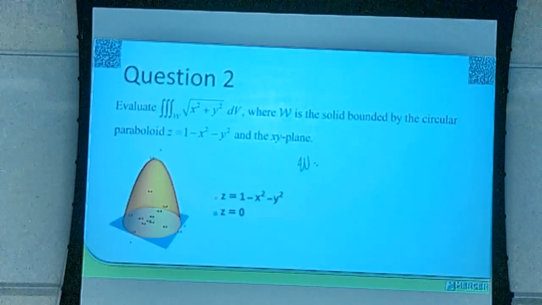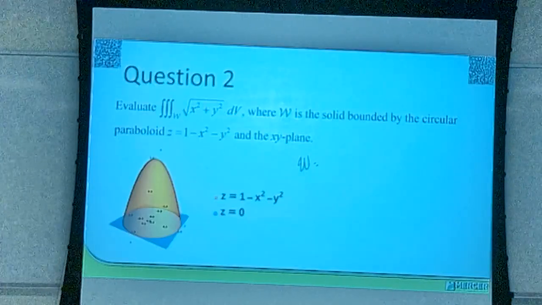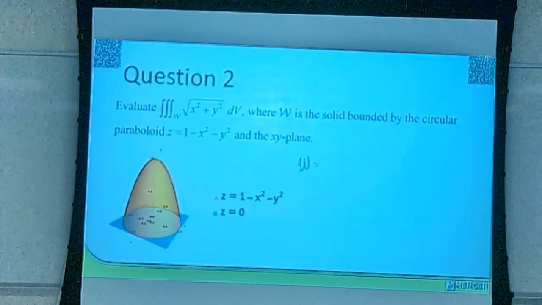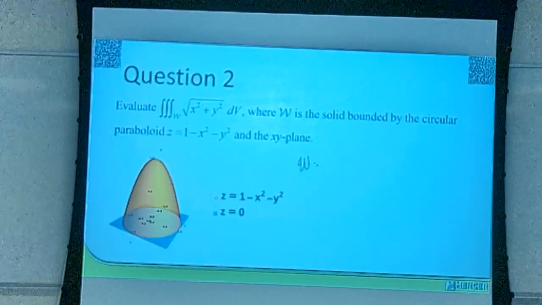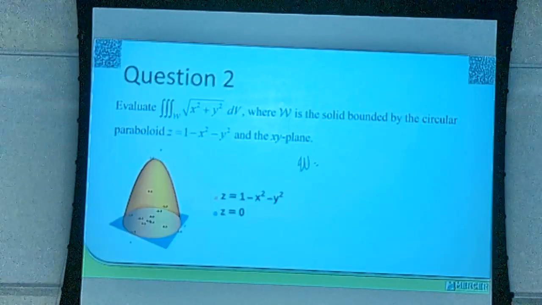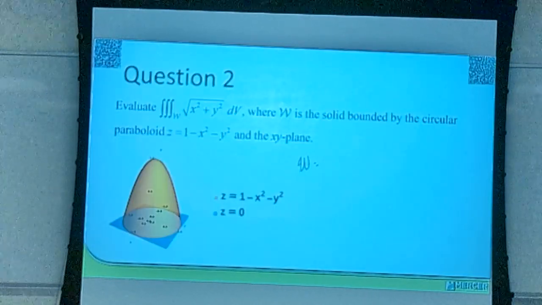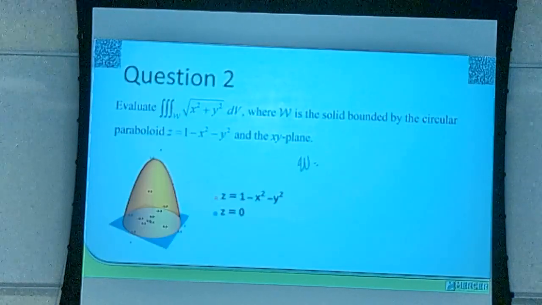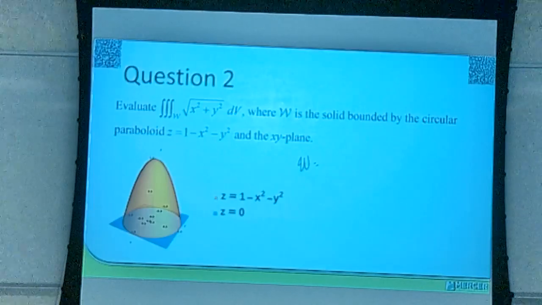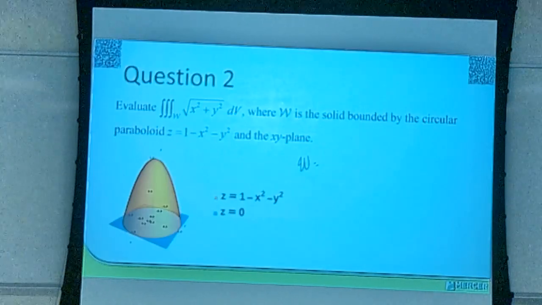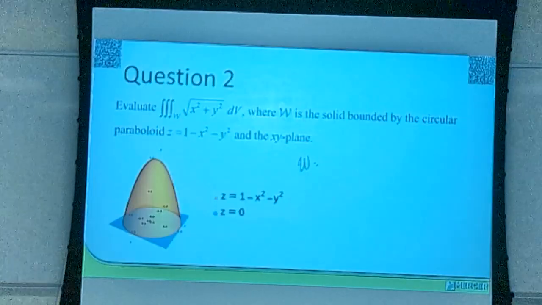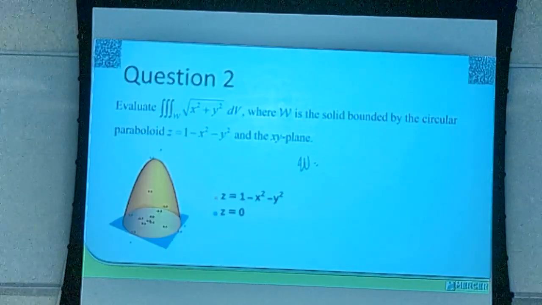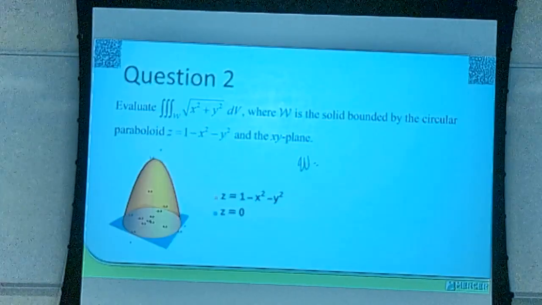Yeah, so what would your rho be? Cylindrical would be your best bet. You could use spherical, but it's going to be really ugly, because your rho is going to be a function of phi.